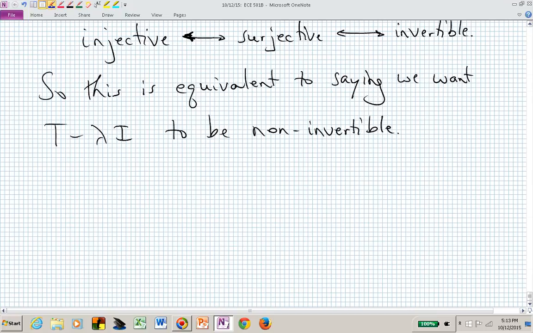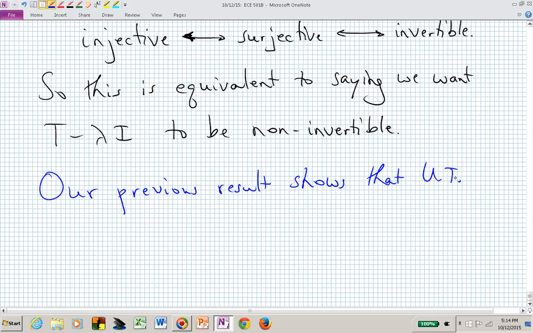But our previous result shows that for an upper triangular matrix to be invertible, or upper triangular matrices' invertibility, was if and only if, what do we know about the diagonal entries?